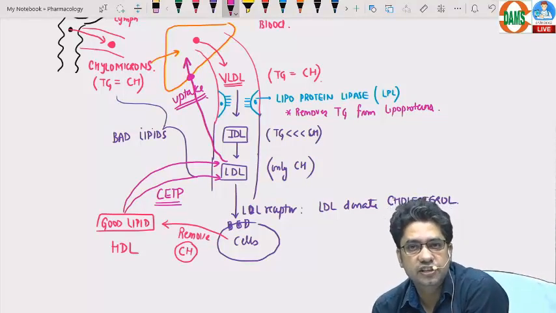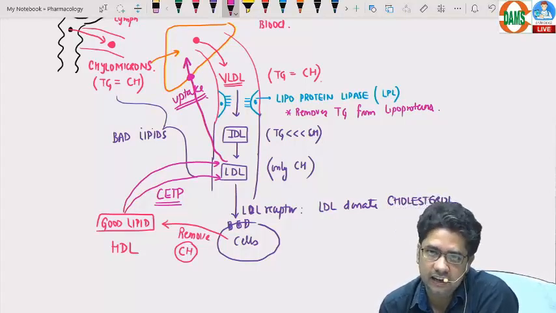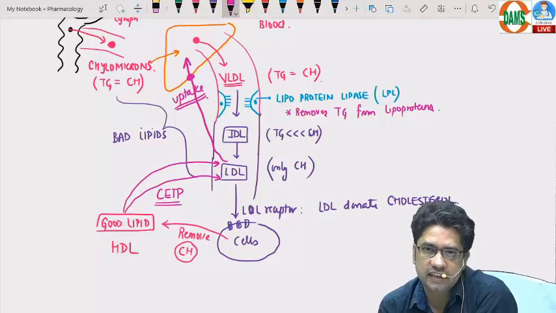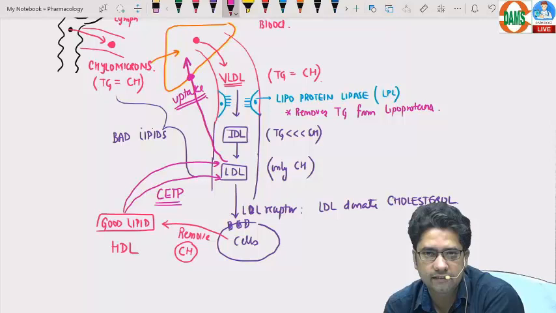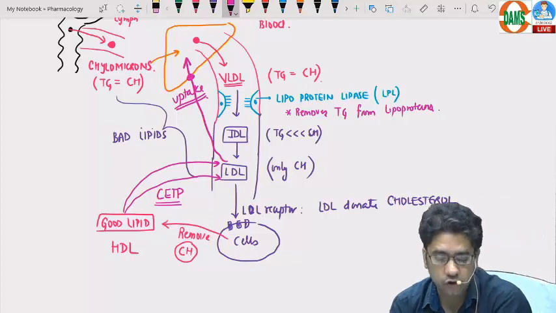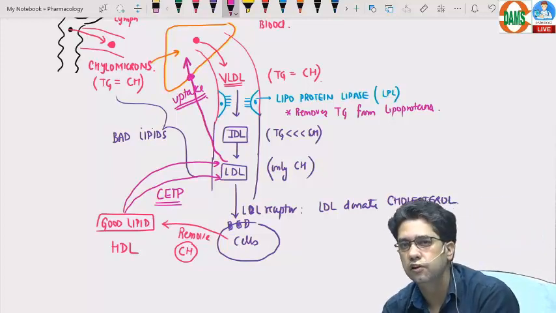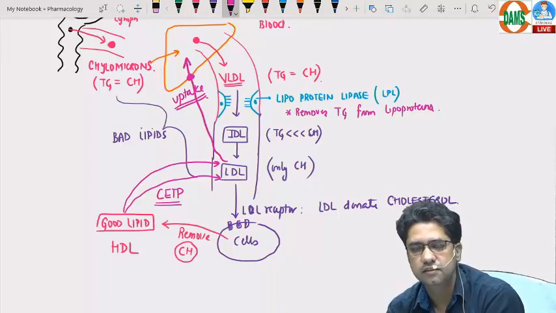Can we say that HDL indirectly reduces LDL level? HDL reduces LDL level. So HDL is a good lipid. If you have understood this simple physiology, the rest of the drugs are very simple for you.